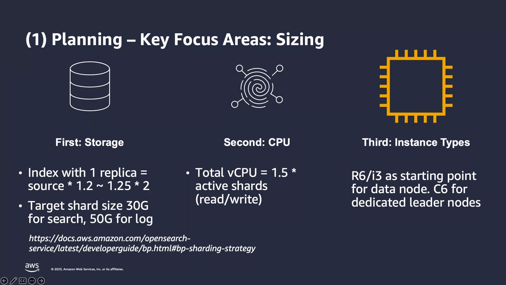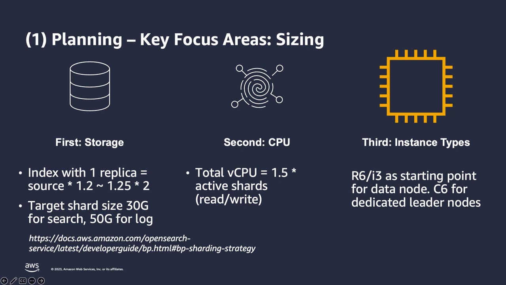The second sizing area will be based on the CPU, and the total of free CPU that you typically require is 1.5 times the active shard. Active shards in log analytics can be counted as the number of shards that is actively used in write operations and read operations.